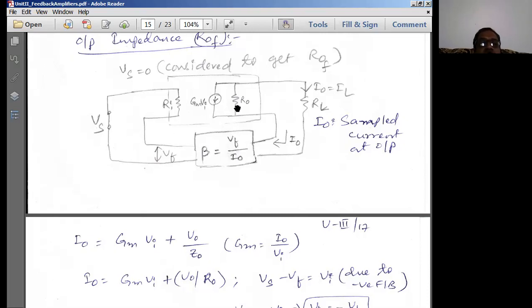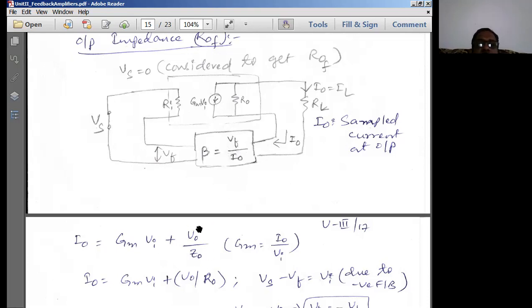Gm into Vi is the current going into this particular transistor. This current is going out. Therefore, how can we write all these various values now? I naught is the output current.